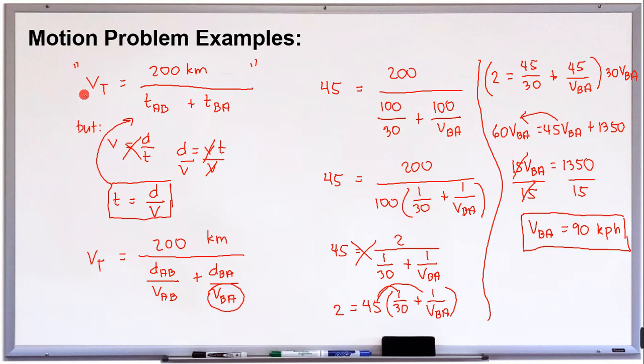So this is in terms of kilometers per hour, and then in the numerator, the unit is kilometers, and then on the denominator, we assume that this is in hours, so therefore we have a consistent unit for both sides of the equation.